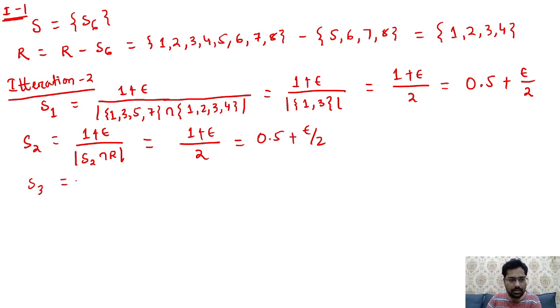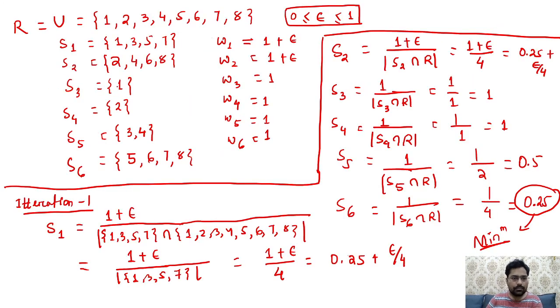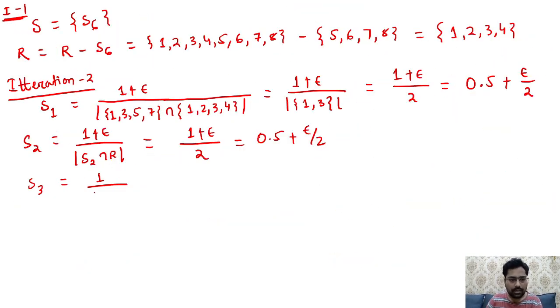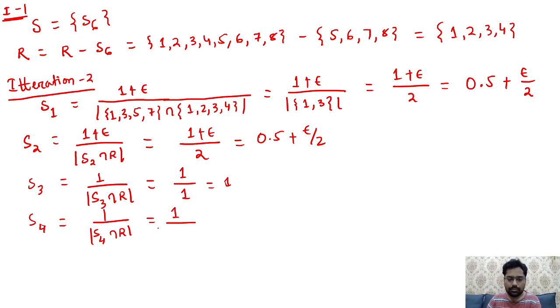Next S3, which is 1 divided by 1. So definitely I'm writing S3 intersection with this, 1 by 1 is 1. And S4 is 1 by epsilon, which represents 2, so definitely 2 is within this. So one element will be the answer there.